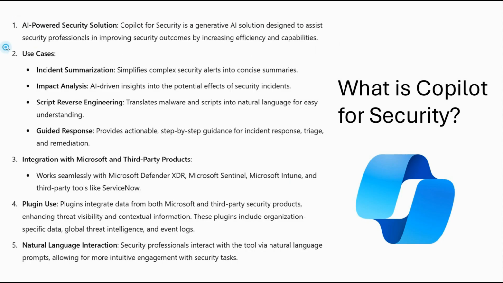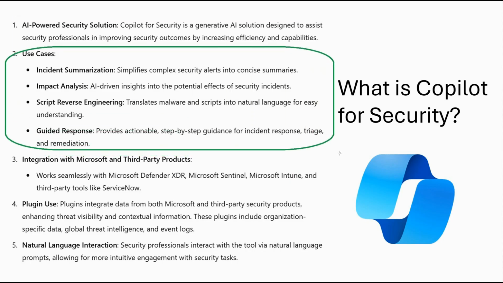Now, what are the use cases for this? Well, number one, incident summarization. Whereas before, we security professionals would have to decipher through all these logs and look for various types of events, various types of security alerts, and some of these are very complex. And with the help of Copilot for Security, this essentially can be done for us on the fly. It can locate these security incidents and put them in a certain order for us.